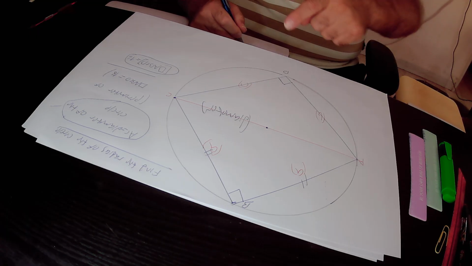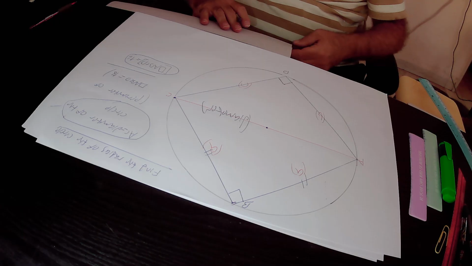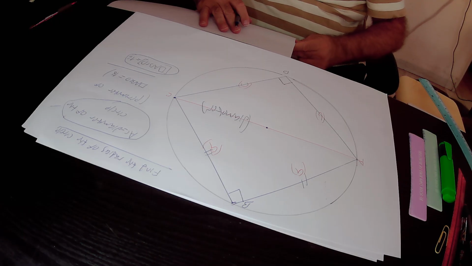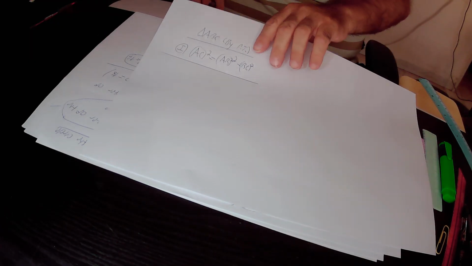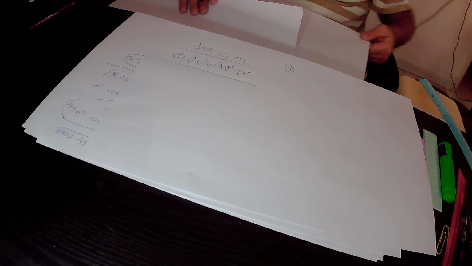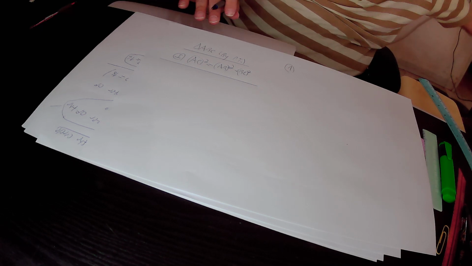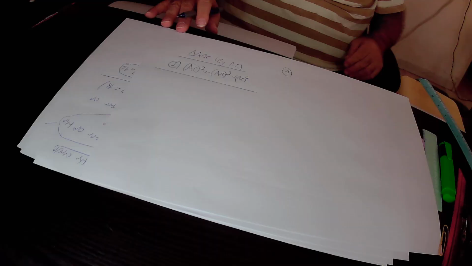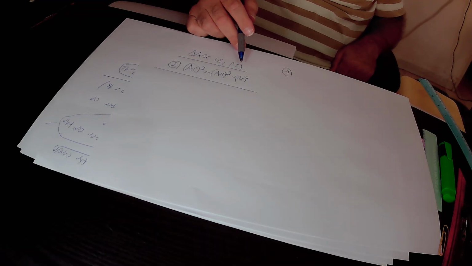And again, in this right triangle ABC, according to the Pythagoras theorem, AC square, this is the square of the hypotenuse, equals AB square plus BC square.